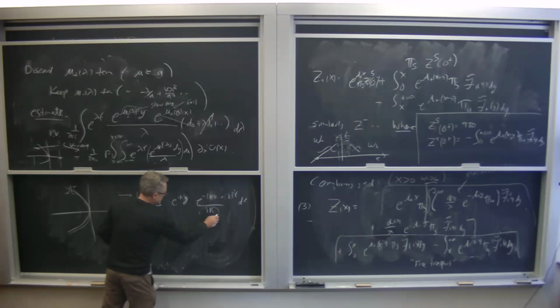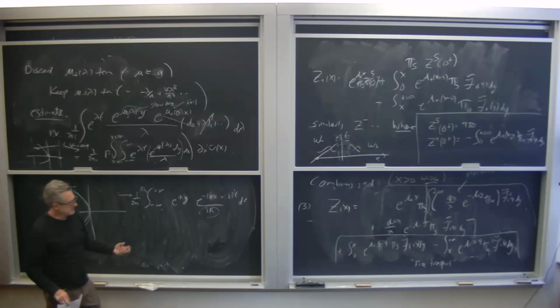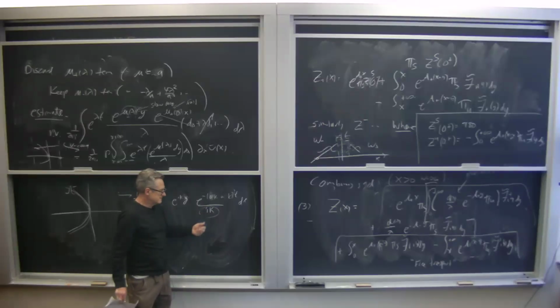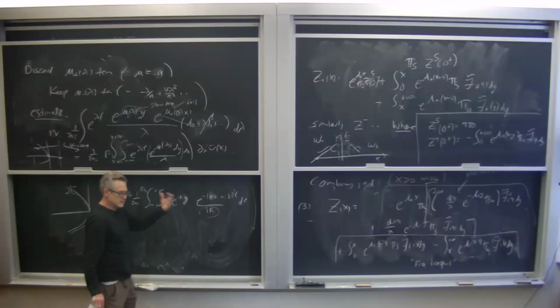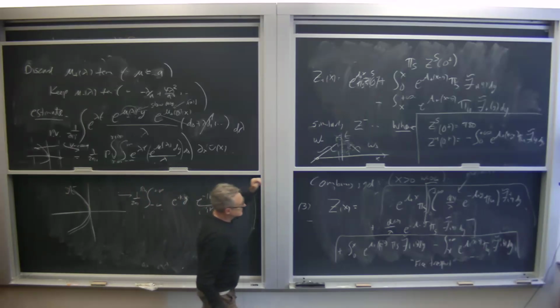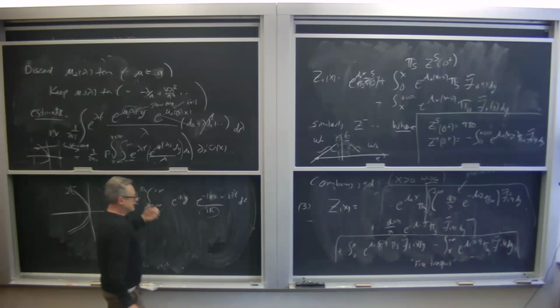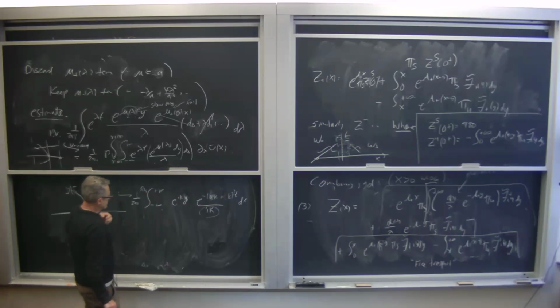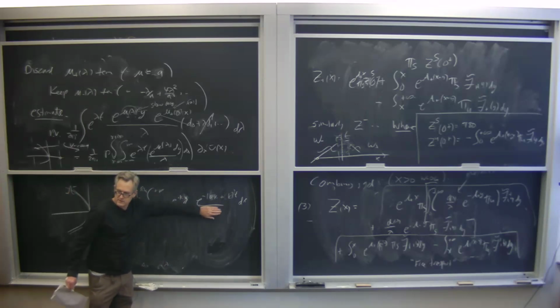But I have to be a little careful with this because it's going right through a pole. So it'll return a constant. And I need to know what the constant is. But I can easily figure out the constant because I know that if I move y out to negative infinity, it vanishes. And so I can just say, well, let me find the derivative of this function, which means I just get rid of this. And that's a heat kernel.